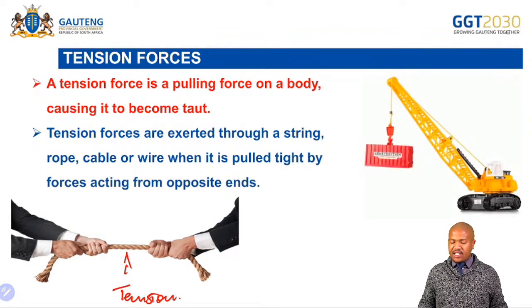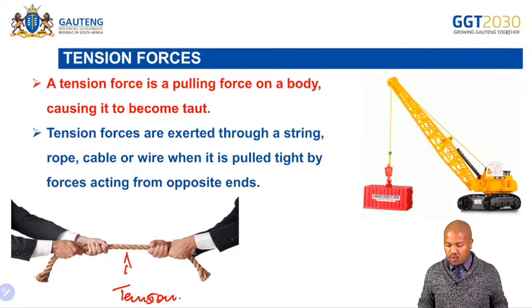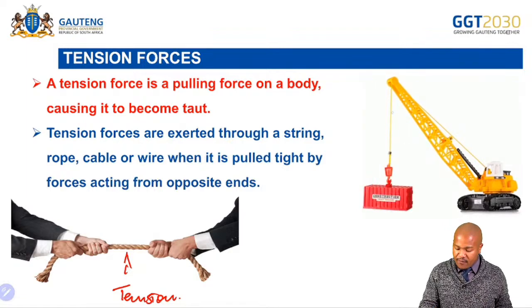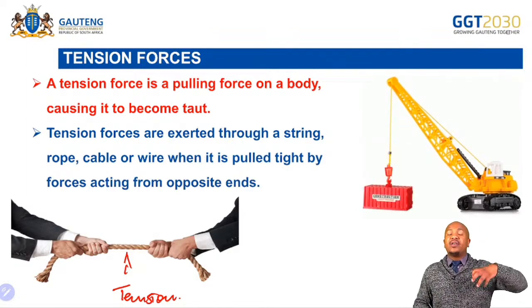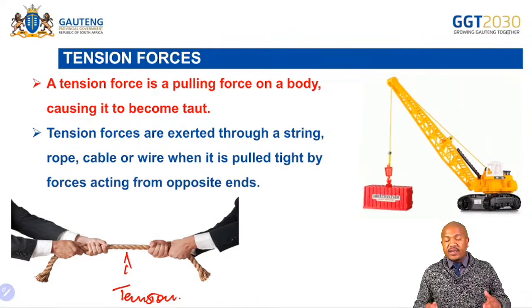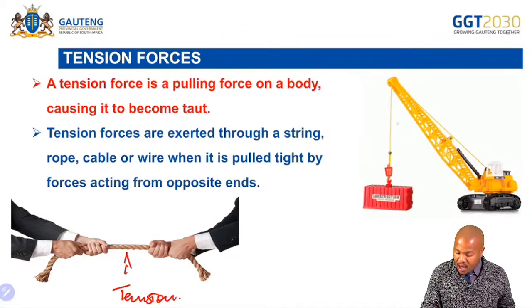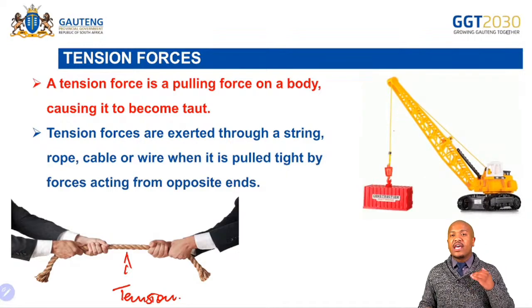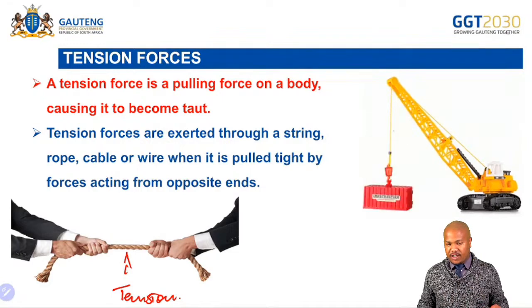As I've said, tension force is usually used to carry heavy loads. As we can see here, we have a cable trying to pick up the container using this crane, and this is where our cable becomes tightly pulled, creating what? Tension.